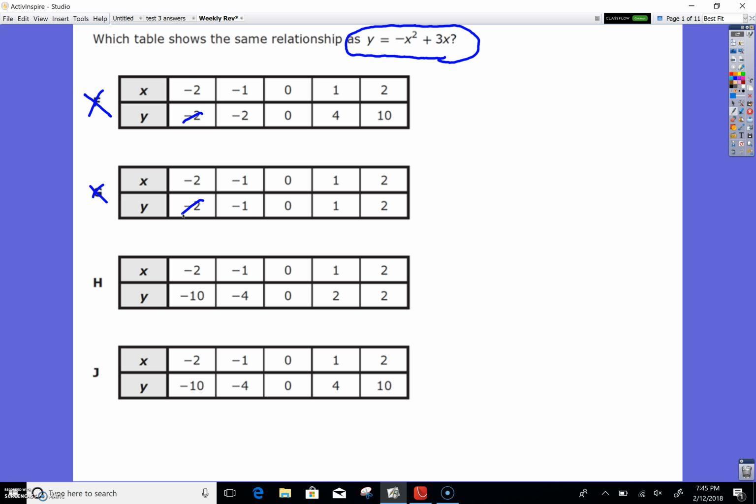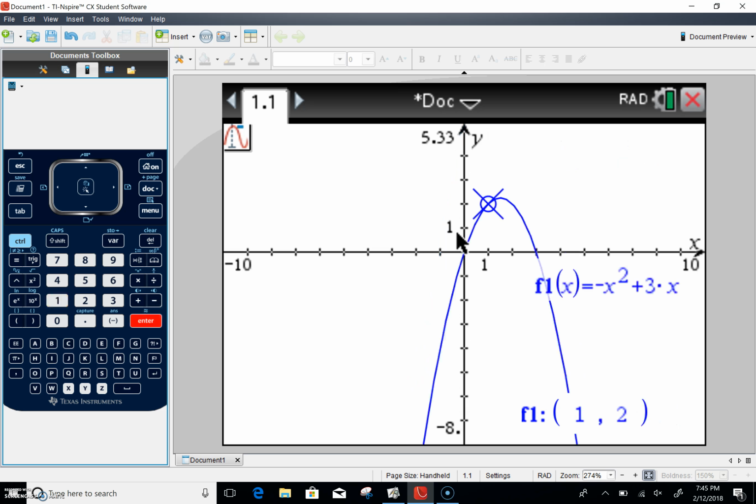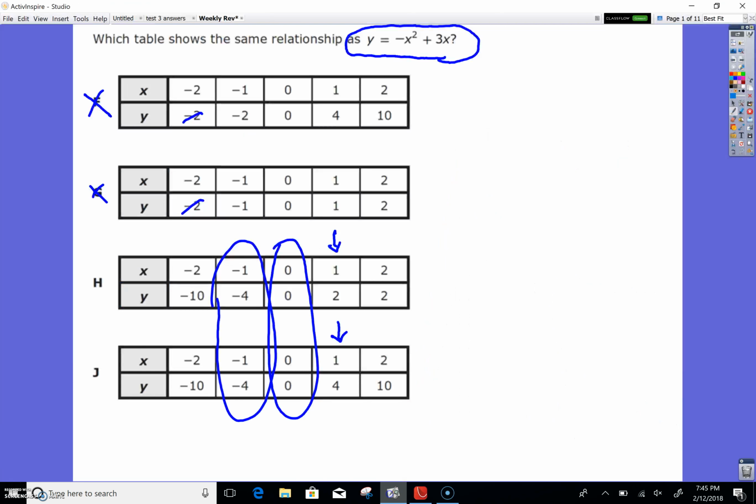Now, I look at H. I don't need to check everything because this is the same as this, and this is the same as this. This is where it becomes different. So I put 1, 2, and 1, 4 in the calculator. So I go 1, enter, and it's 1, 2. So this is my answer right here. H is going to be my answer because this one is wrong.